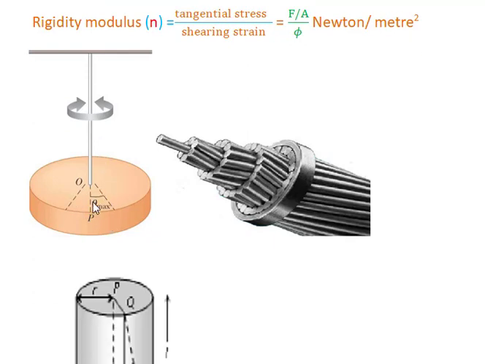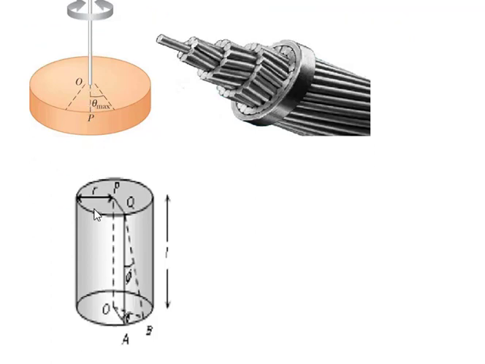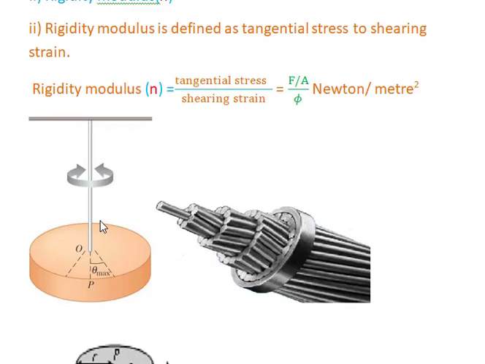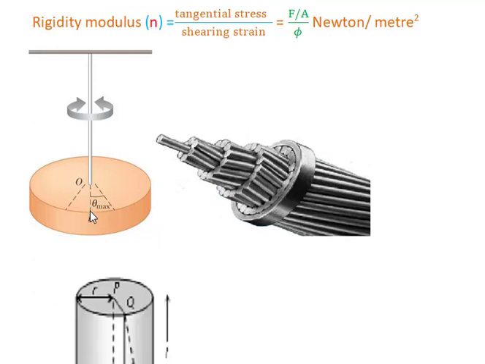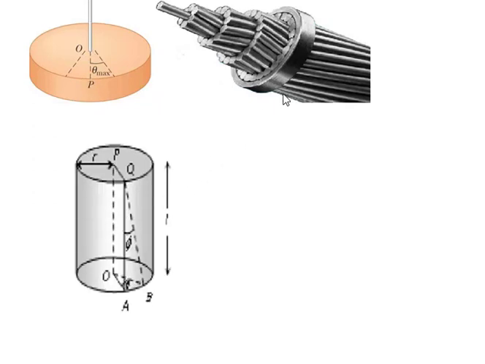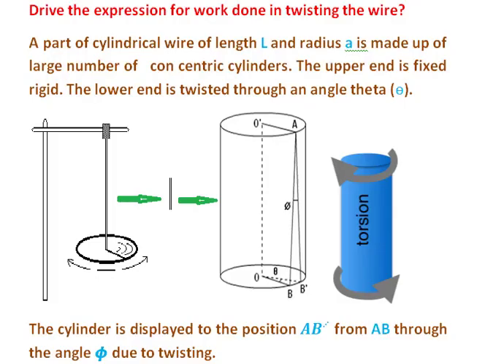This is a metal disc. It is the experimental wire. The rigidity modulus of this wire has to be determined. This wire is considered as a cylinder like this. A part of the experimental wire is considered as a cylinder here.